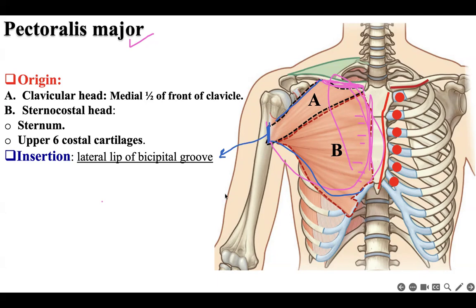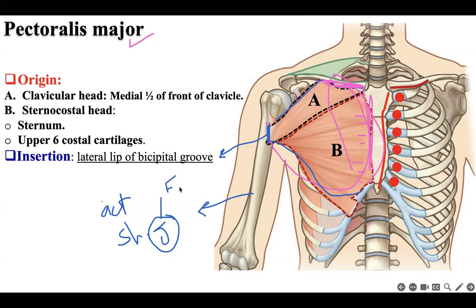And please mention that any muscle attached to the humerus will act on the shoulder joint. Any muscle inserted in the humerus acts on the shoulder joint. What are the movements of the shoulder joint?